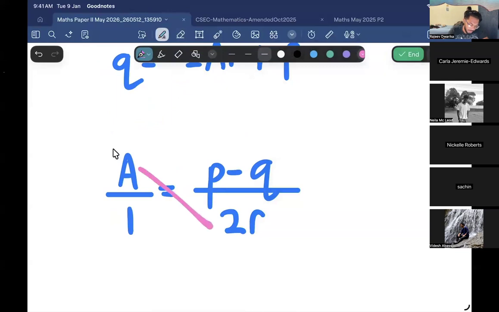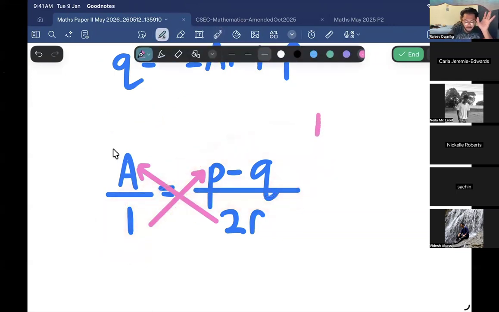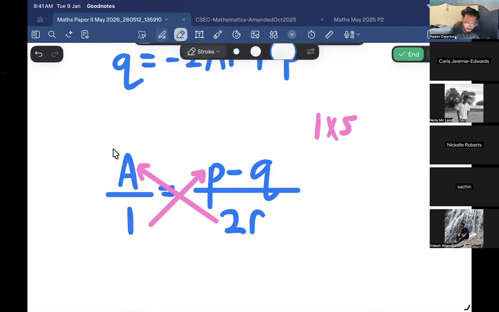So, Vinesh, we're going to multiply 1 by P minus Q. Now, if you're confused, Vinesh, okay, what's 1 times 5? Tell me, what's 1 times 5? 5. Right? So what's 1 times P minus Q? P minus Q. Exactly, P minus Q.